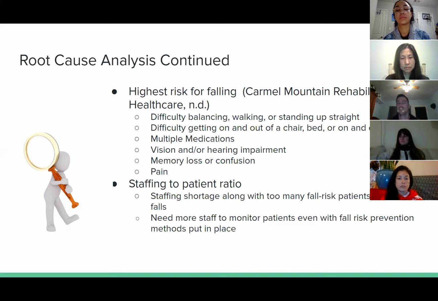There has been a staffing shortage associated with a lot of fall risk with patients. It obviously increases the fall numbers, and the need for putting more staff to monitor patients is very important to have and be integrated into the actual mode in which we carry out care through the facility.